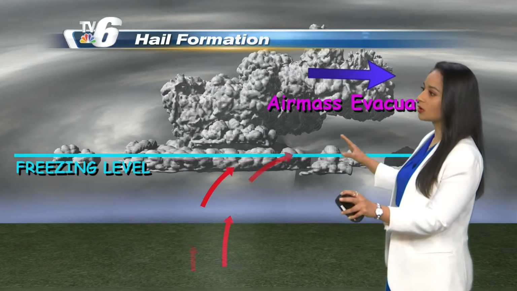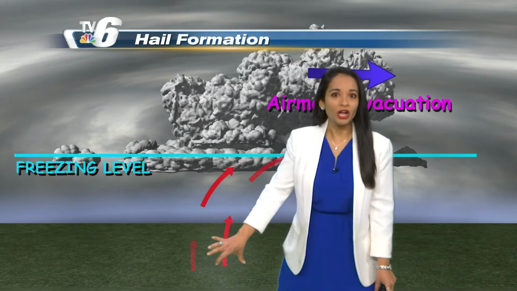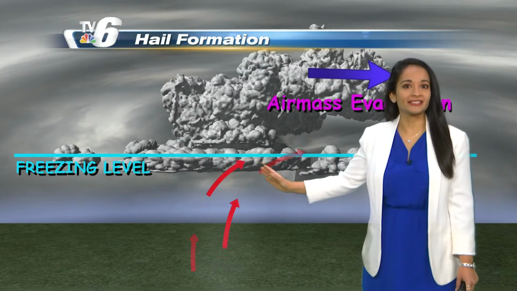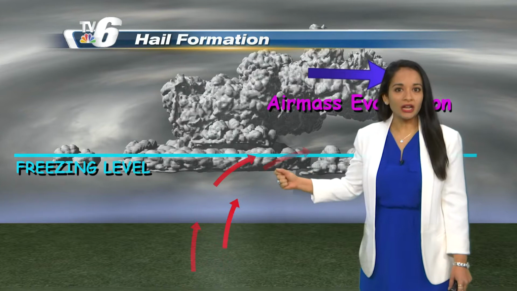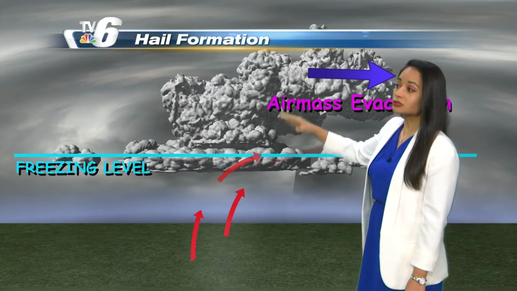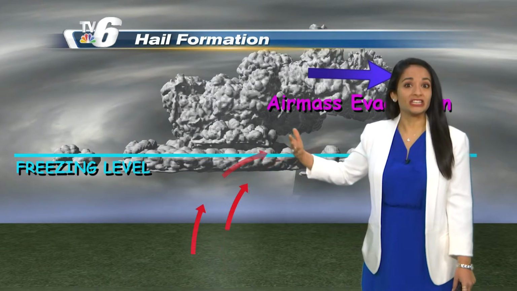Here's your thunderstorm. You have a warm, moist inflow of air coming from the ground, generally known as the updraft. A strong updraft will allow that stone to continue to bounce around within the storm and continue to grow.